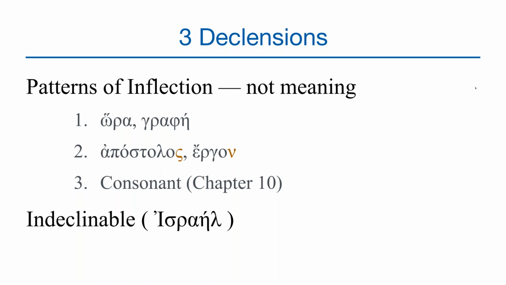We're going to go over the rules in a second, but the main thing that you need to remember is that whenever you see an alpha or an eta in the nominative, so that's kind of the key, in the form that we memorize, the lexical form, think first declension. Okay. If you see an omicron, think second declension.